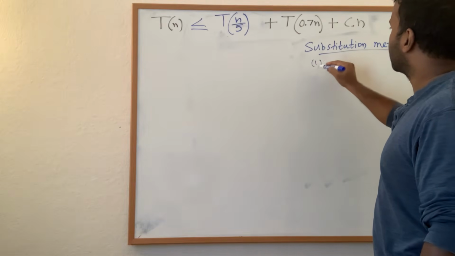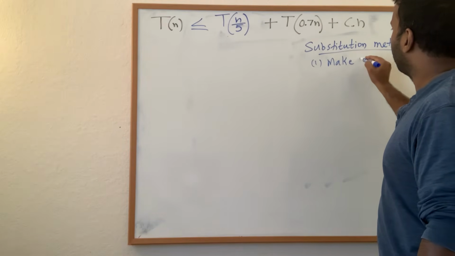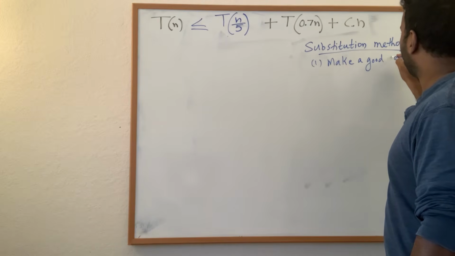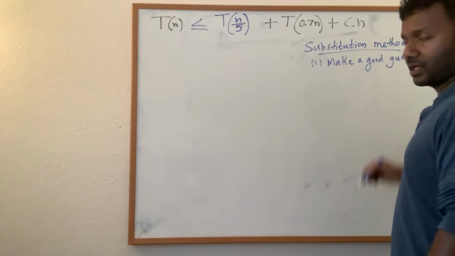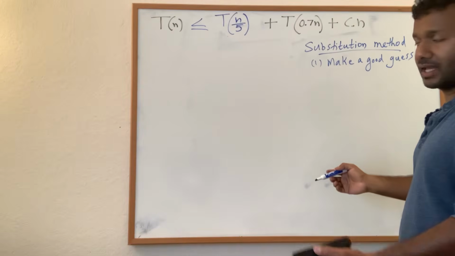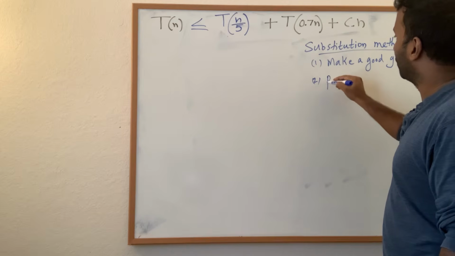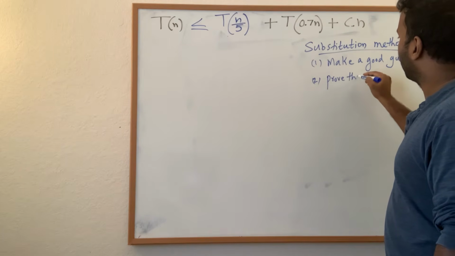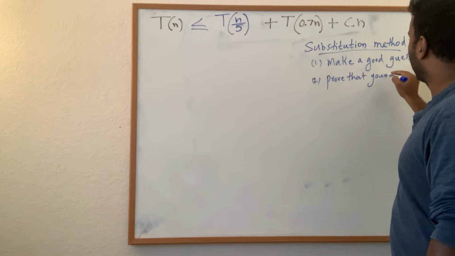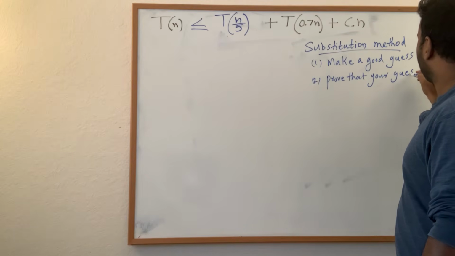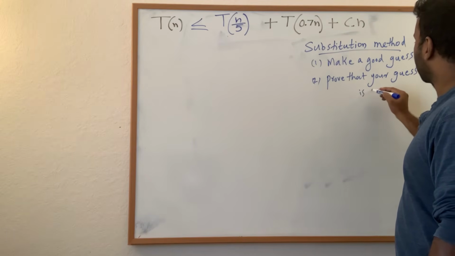The idea is this: make a good guess about T of n, then prove that your guess is correct.